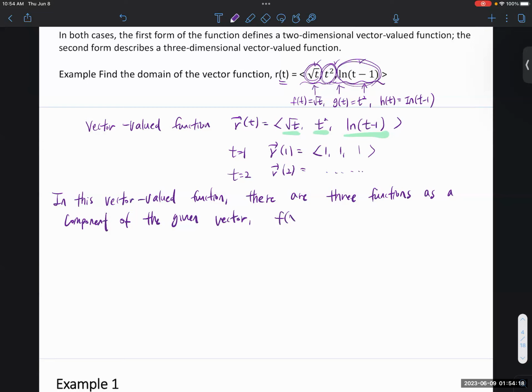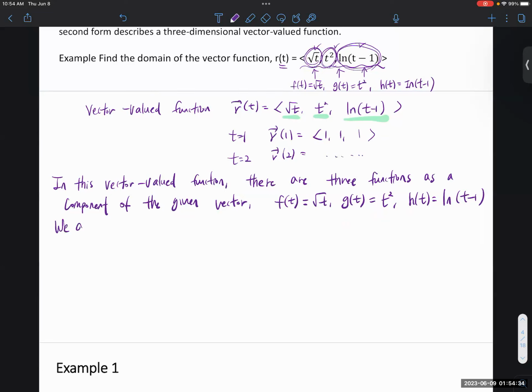Specifically, the first component is the f function, f of t, radical t. The second component is the g function, t squared, and h, the last one, is ln t minus 1.